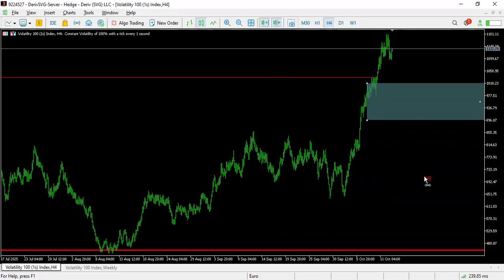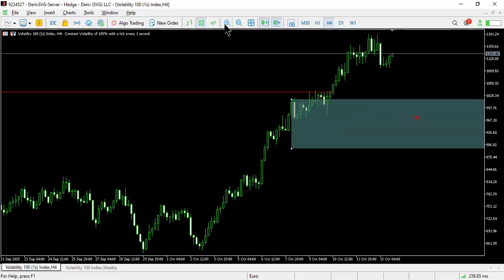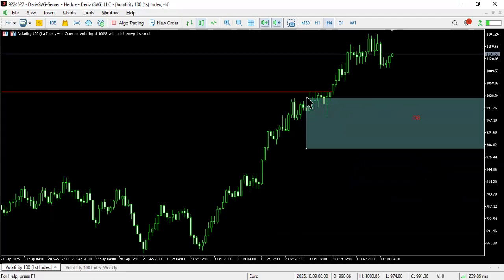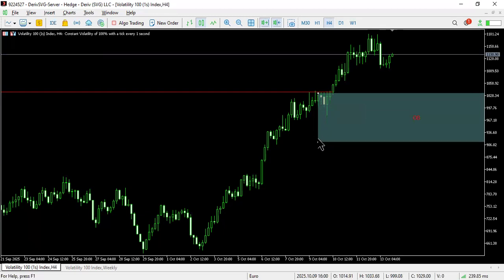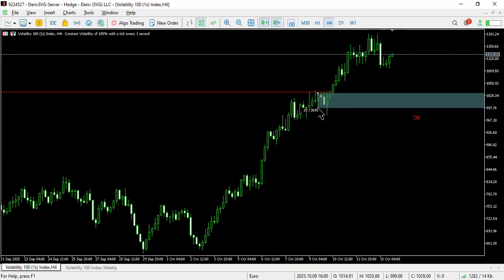So that is the order block. This is the order block we'll be targeting, because price just cleared that high and this order block is unmitigated. So that is the order block we'll be targeting.